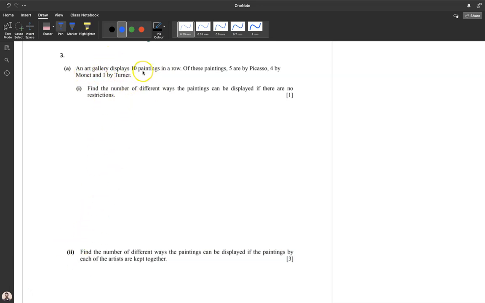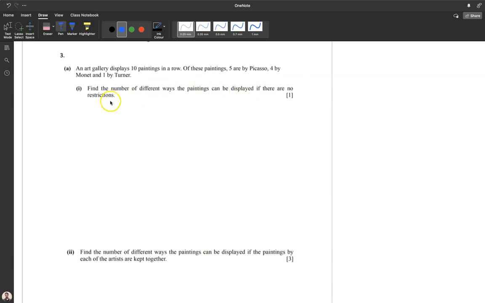An art gallery displays 10 paintings in a row. Of these paintings, 5 are by Picasso, 4 by, I have no idea how to pronounce this, is it Monet? Maybe. And 1 by Turner. Find the number of different ways the paintings can be displayed if there are no restrictions.